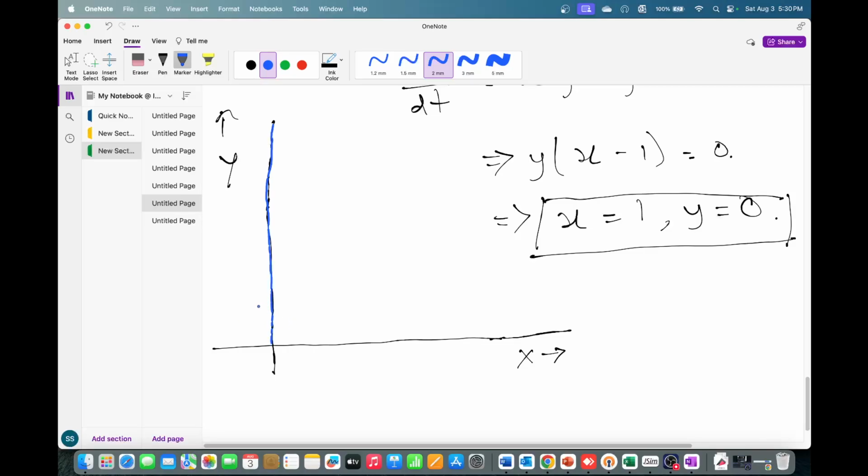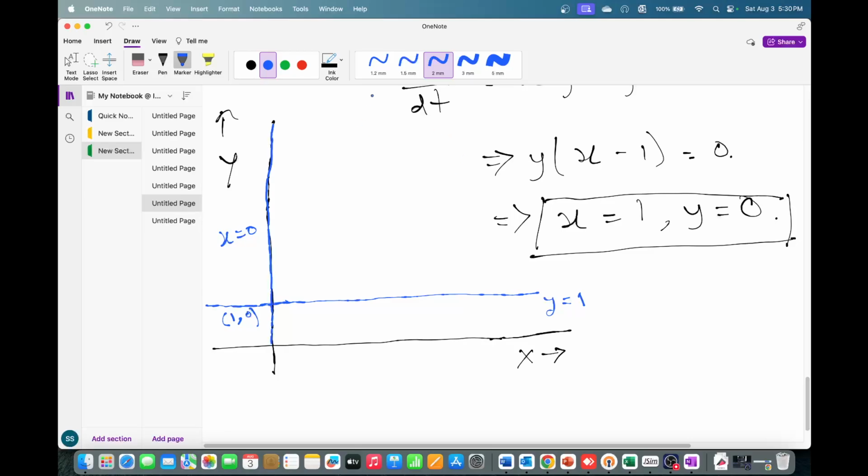So if you assume this to be 0, 1, this is the other line. So this is y equal to 1, and this blue line is x equal to 0, right? So you have plotted the two nullclines of x.